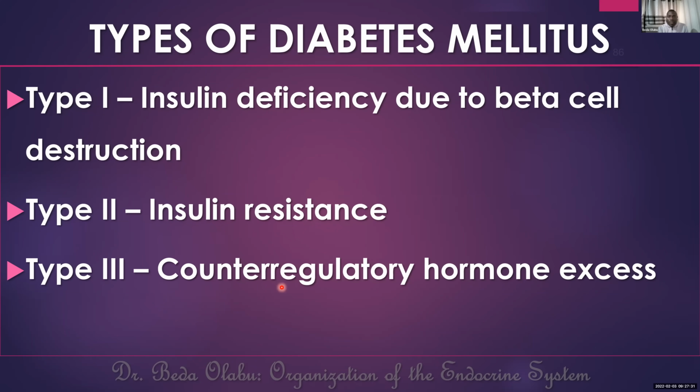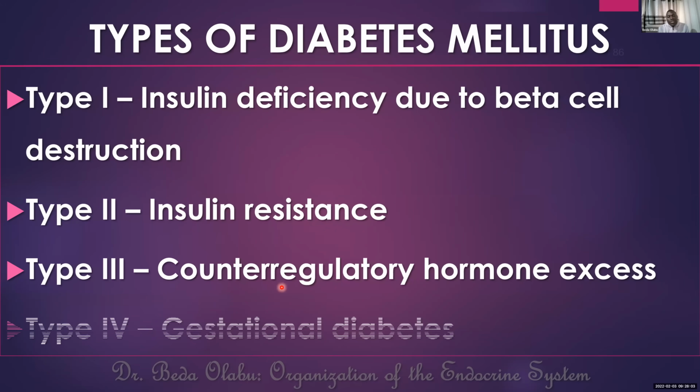It could be cortisol, like people with hypercortisolemia may be having diabetes mellitus. Or it could be glucagon. For example, if a patient has a tumor that produces glucagon, you can call that a glucagonoma. Those ones will also be diabetic. But diabetes due to excess of hormones which elevate sugar level, we call secondary diabetes or type 3 DM.